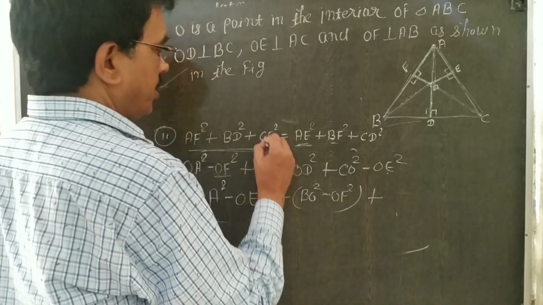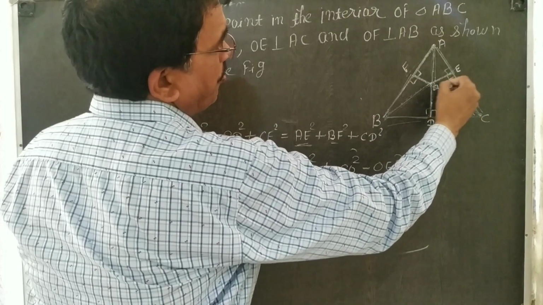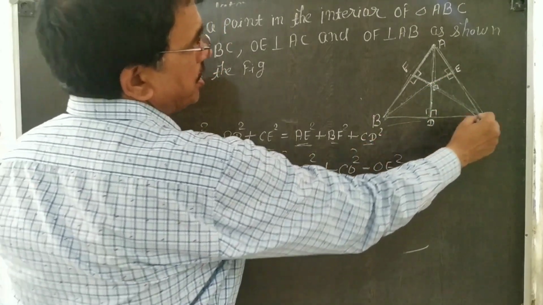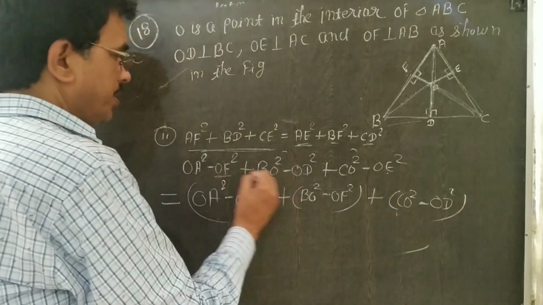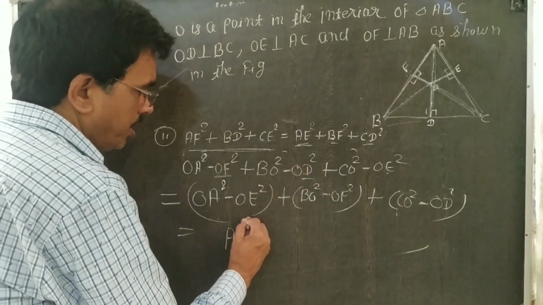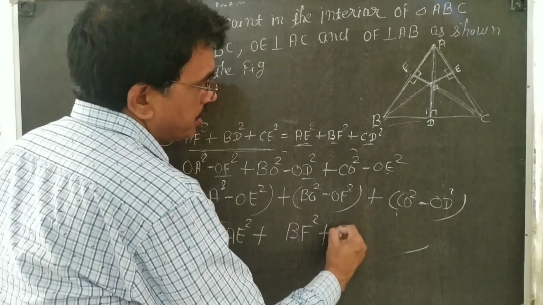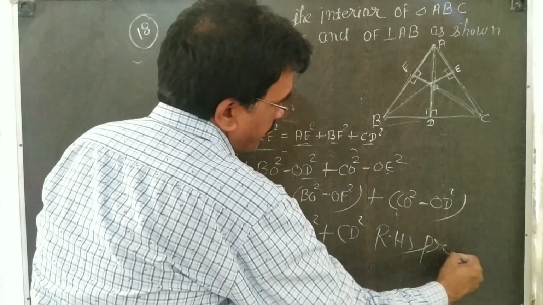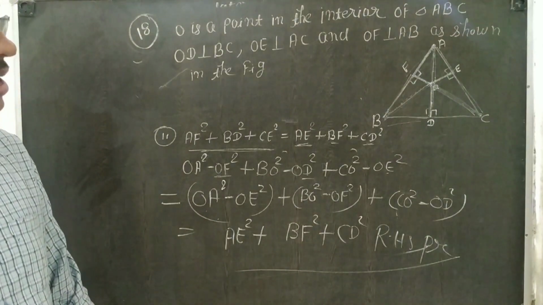And third, CD square is CO square minus OD square. OD is here. Then it is AE square, BF square, CD square, and that is the RHS. So AE square plus BF square plus CD square is the RHS.